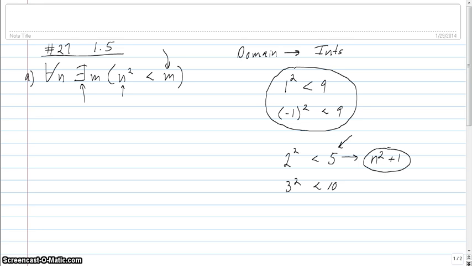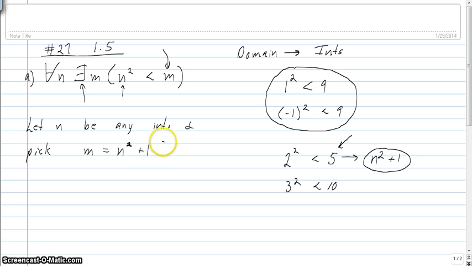So we could say something like this: let n be any integer, and we're going to pick specifically m to be equal to whatever n squared is plus 1.